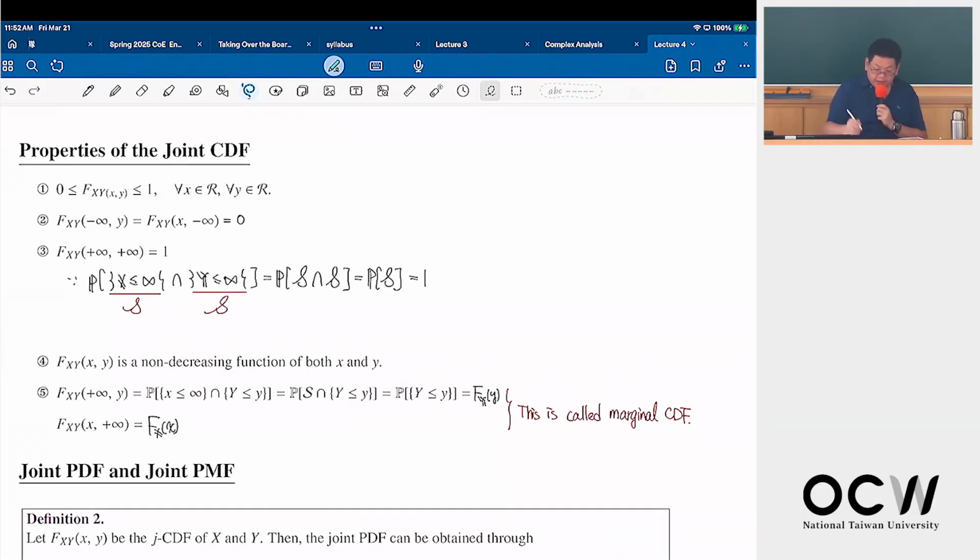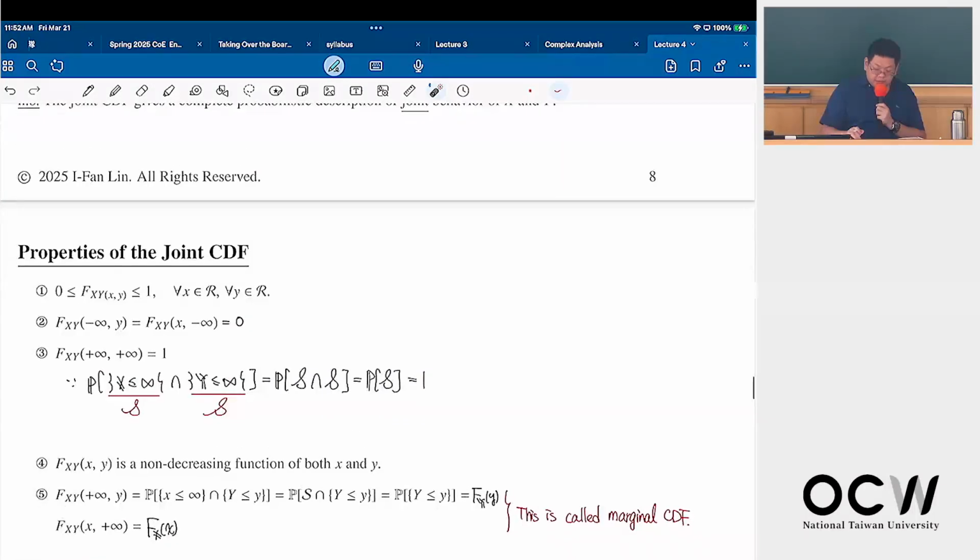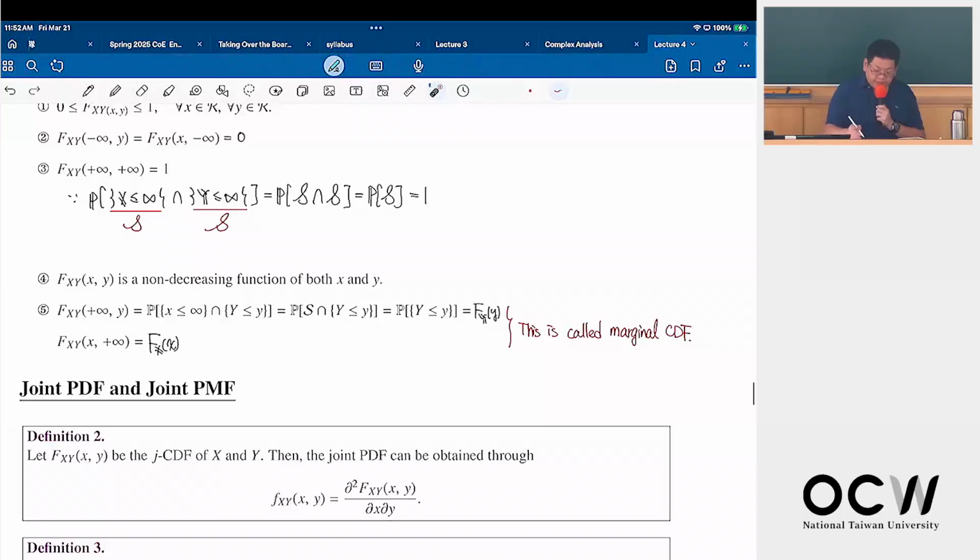Okay, so now this is the CDF. How about the PDF? For PDF, we have continuous and discrete, so we have the joint PDF or joint PMF. This is the joint CDF of x and y. Then what is the joint PDF?